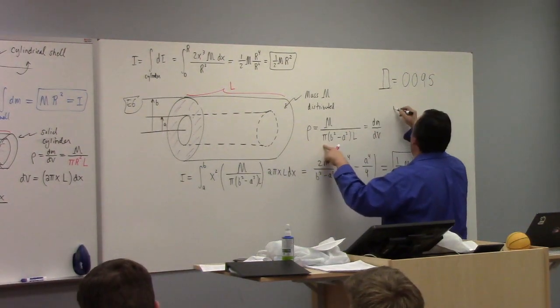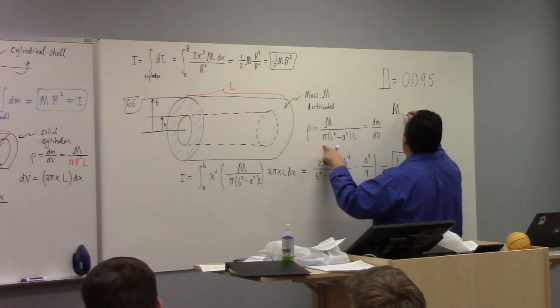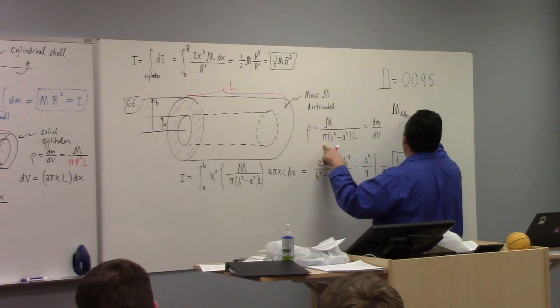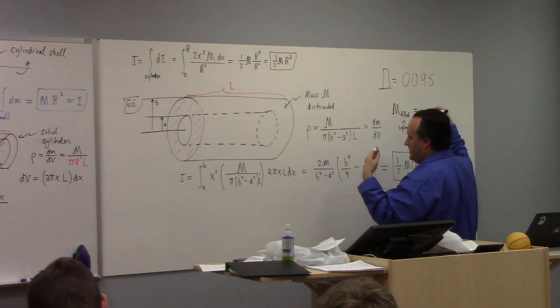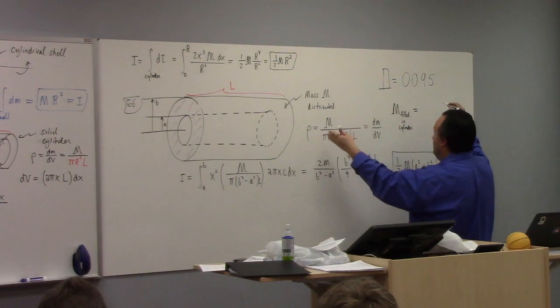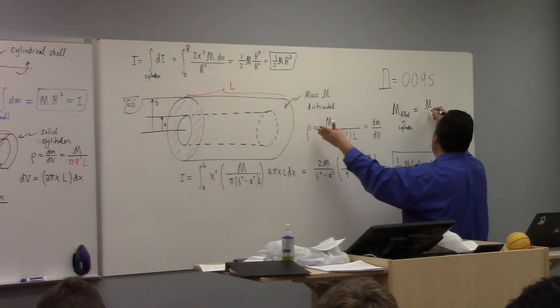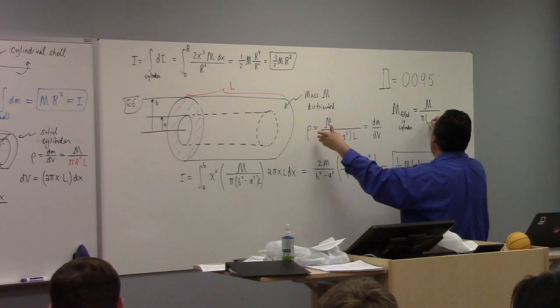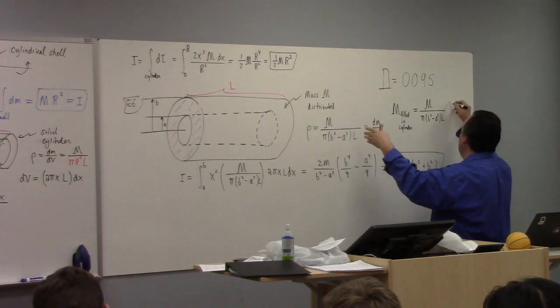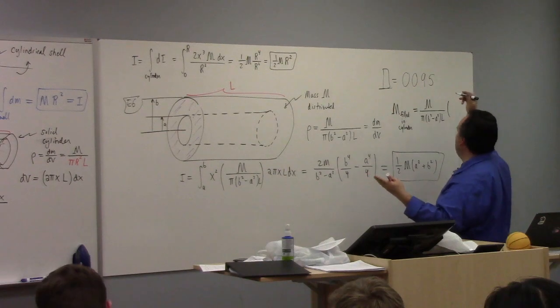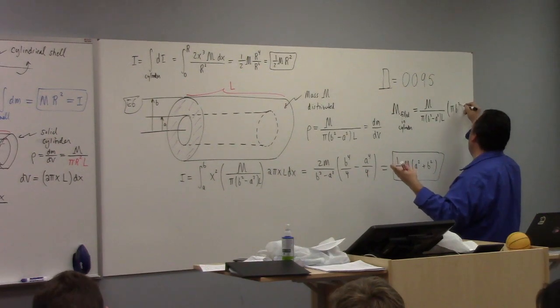So the mass of the filled-in cylinder would have been the density, which is this, M divided by pi times b squared minus a squared times L, times the volume of the whole cylinder, which would have been pi b squared times L.